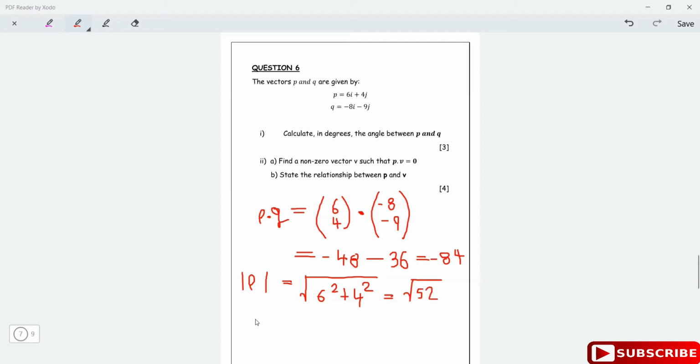Then we need the length of Q. The length of vector Q is going to be equal to the square root of negative 8 squared plus negative 9 squared.